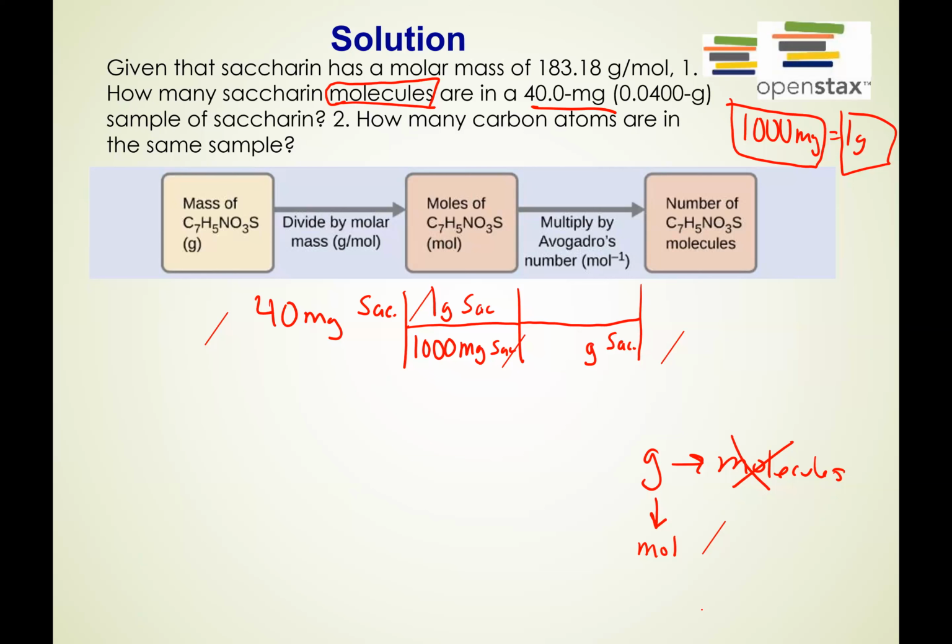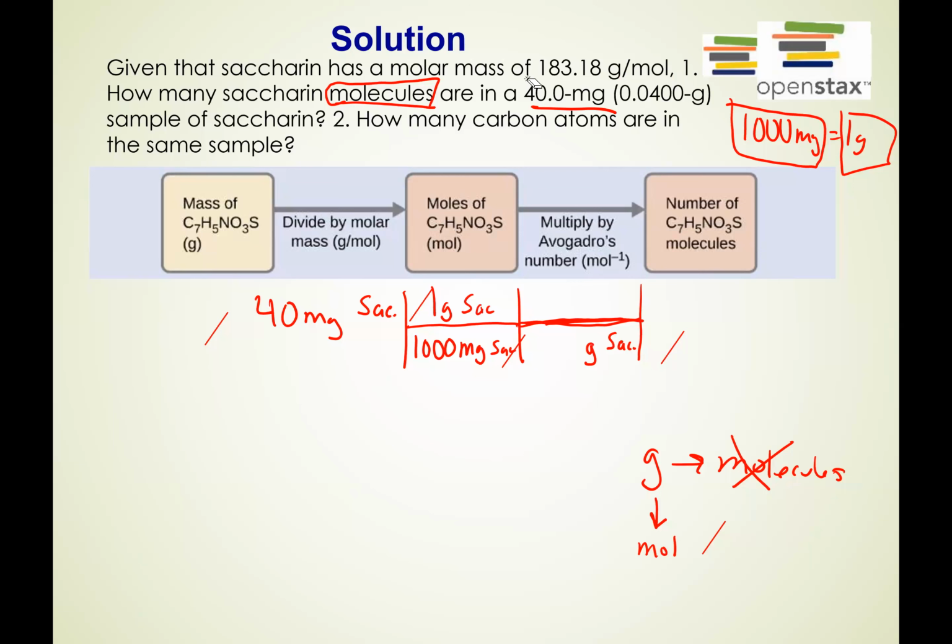The periodic table. Do you see here they gave us this molar mass? Up in the problem, they gave us the molar mass. Look at the units of the molar mass. The units are grams per mole. So that line right there is the same as the line here. We just have to put it in the right arrangement.